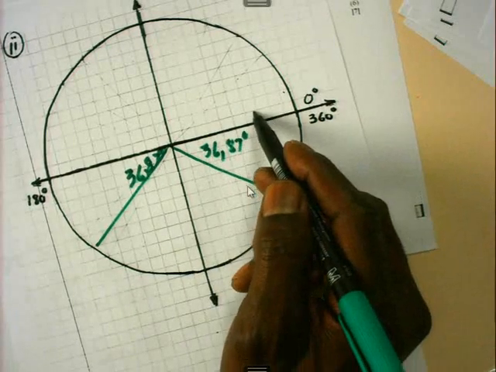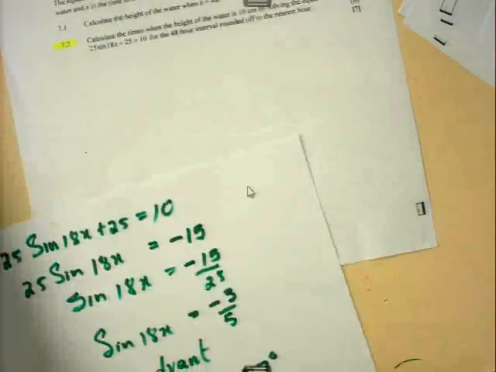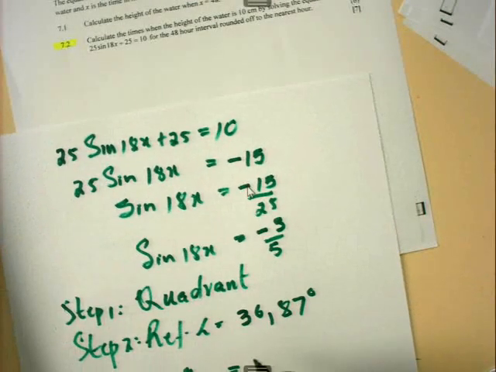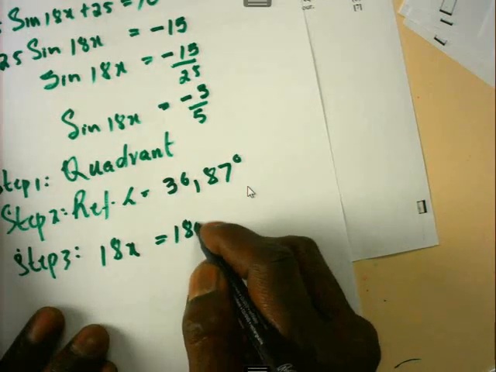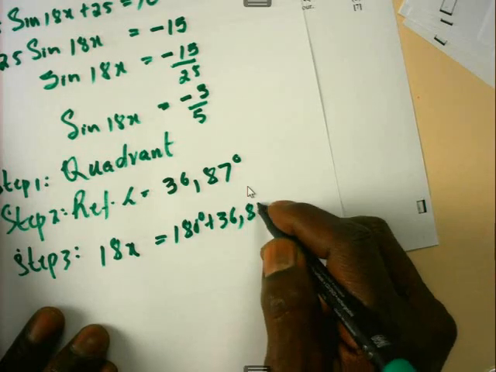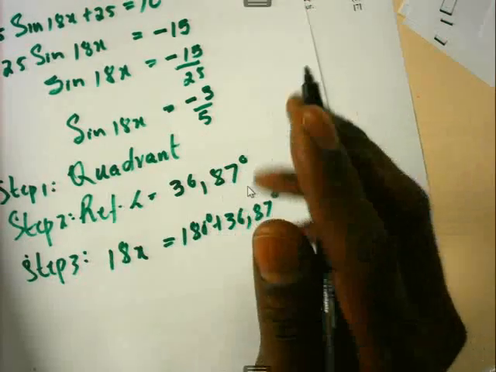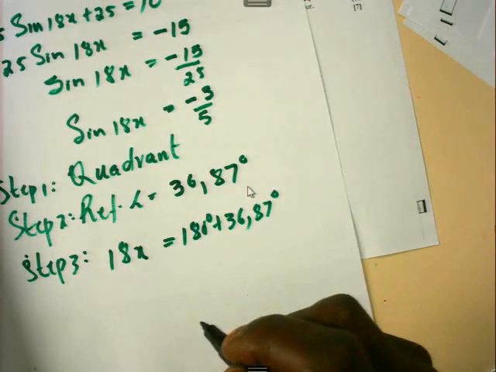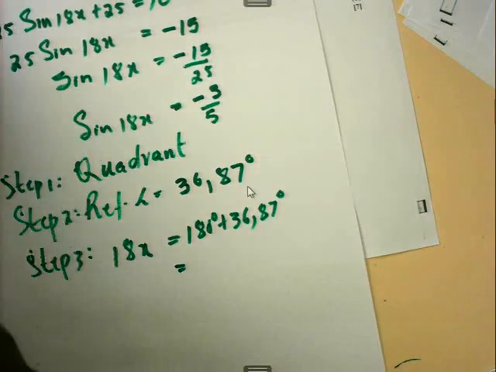Solution, we start from here up to there, and the angle will be 180 degrees plus 36.87 degrees. They did not talk about the general solution, so let us just leave it as it is. And the next step will be to divide.